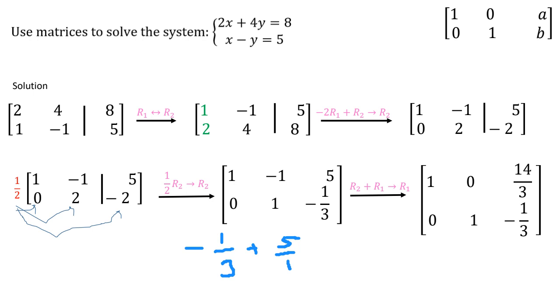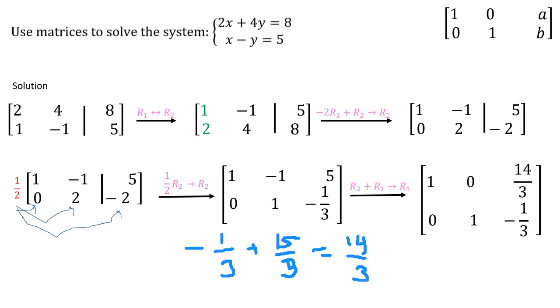So to get a 3, I'm going to multiply a 3 to the numerator and a 3 to the denominator. 3 times 1 will give me 3. I'm going to write it over. And 3 times 5 is 15. So now I can add these two fractions because I have the common denominator. A -1 plus a positive 15 gives me a positive 14 over 3. And that's where I got that 14 over 3.